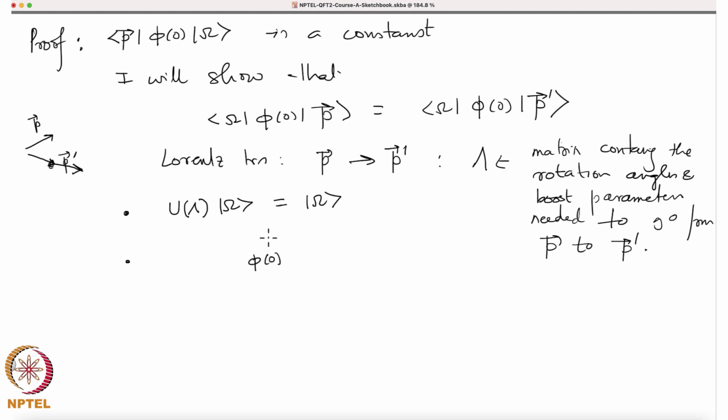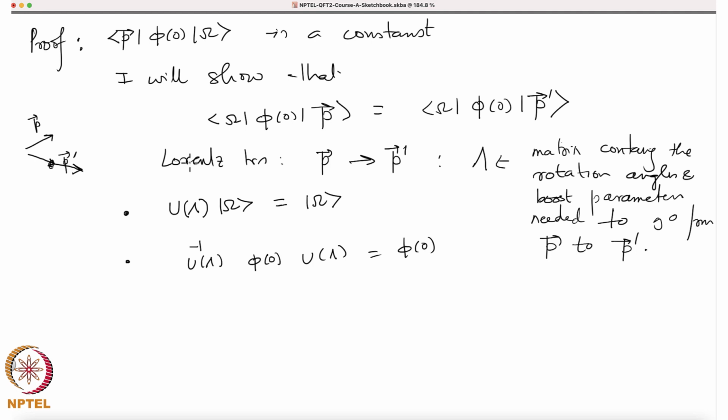So how do field operators transform? Again, quantum mechanics, they will transform like this. So what do we have now?